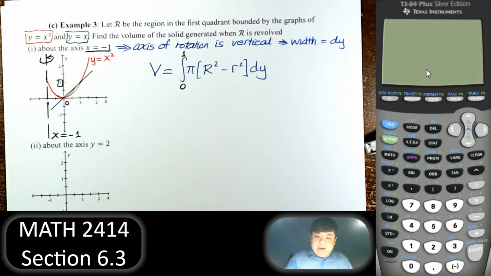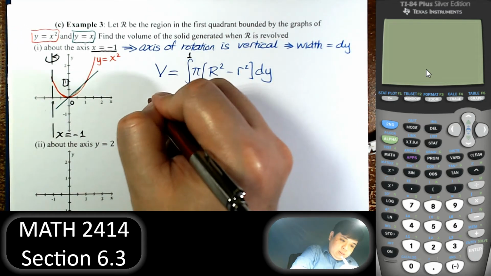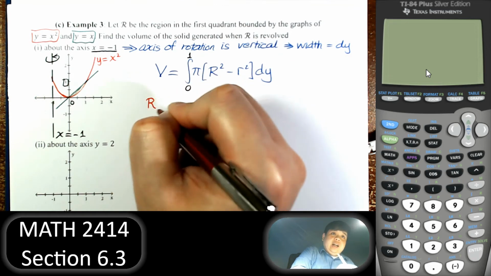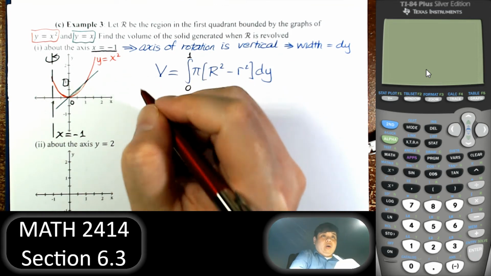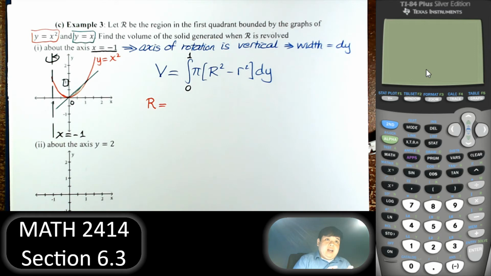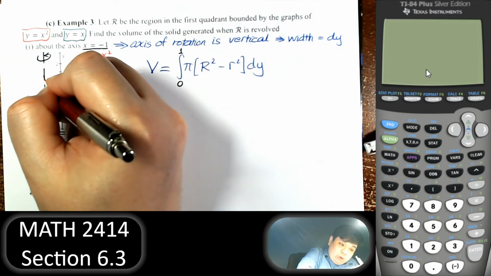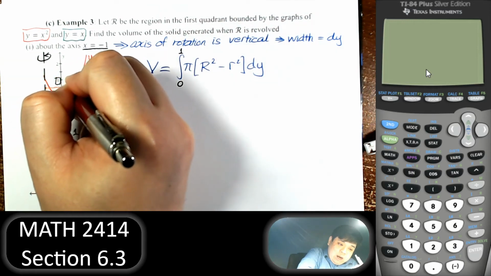Now most important, how do we determine the radius? Remember, the way we always do this is going from the axis of rotation to the outer edge. So the axis of rotation is here, to the outer edge.